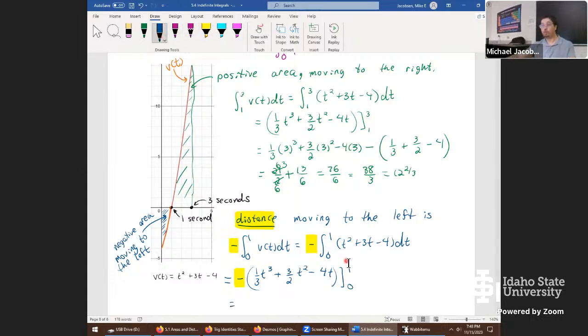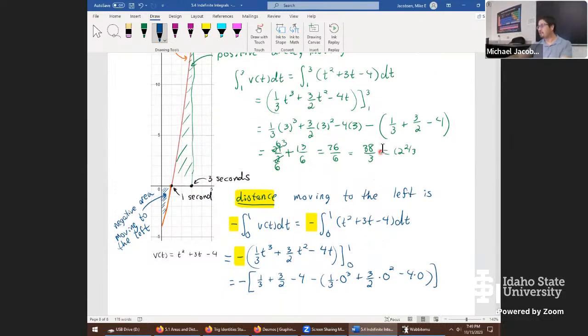Next, we're plugging 1 inside the fraction to get negative. I'm going to associate like this with a big bracket, then plug in a 1 to get 1/3 plus 3/2 minus 4. Next, we're plugging in a 0, but that's the silly one. It's just going to be minus a third times 0 cubed, 3/2 times 0 squared, minus 4 times 0.